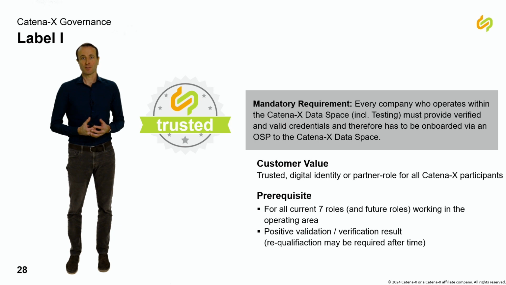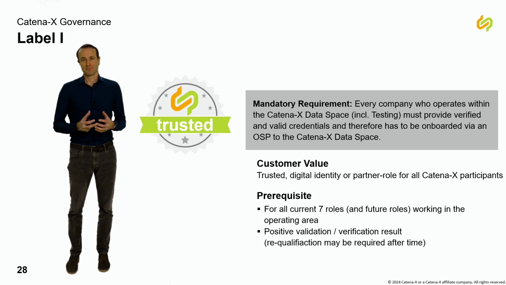Customer value, as I explained: I can be sure that everybody who's working in the data space has a digital identity and is verified as the company they claim to be. Prerequisite: all of those 7 roles, including potential future roles that are coming, need that trust.